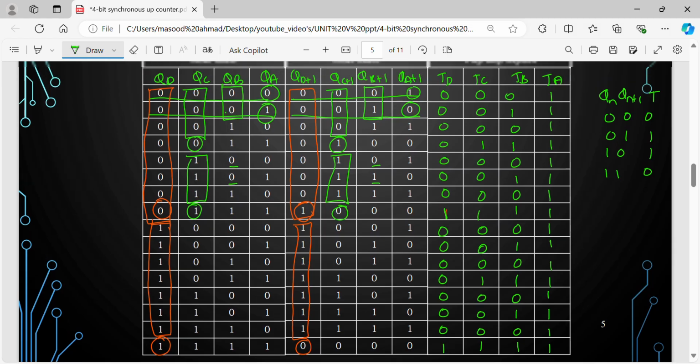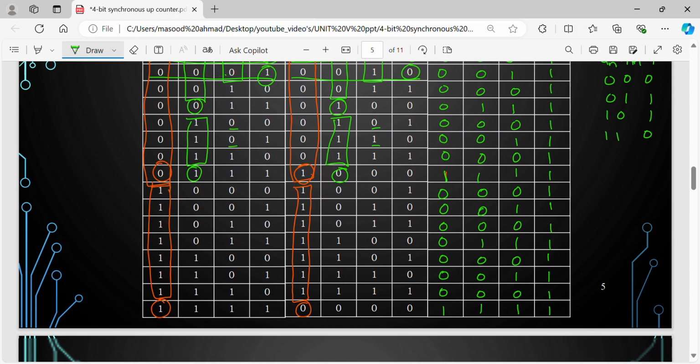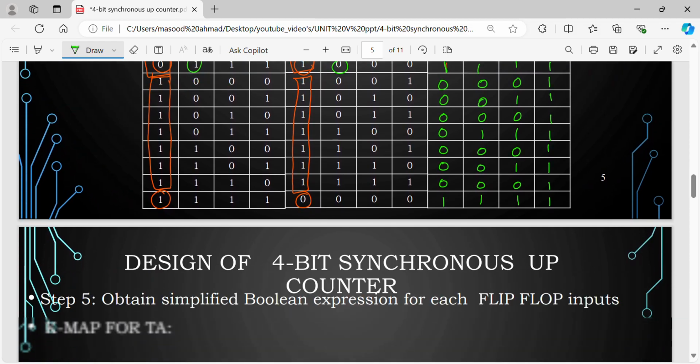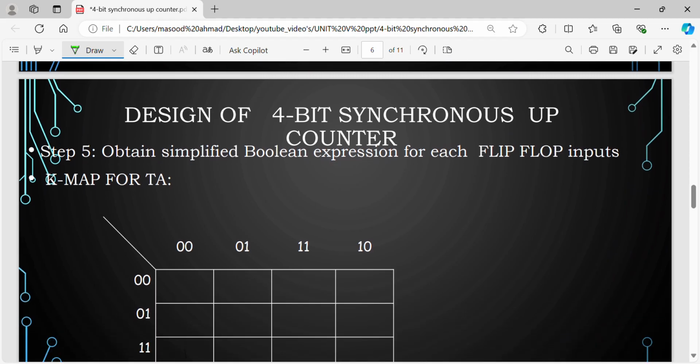Okay. From this what I do is I will get the expressions for TA, TB, TC. Okay. So why we are getting like that? What we are trying to do is to get the TA values and TB values and TC, TD. Okay. TA, TB, TC, and TD. These are the outputs. What are the inputs to it?